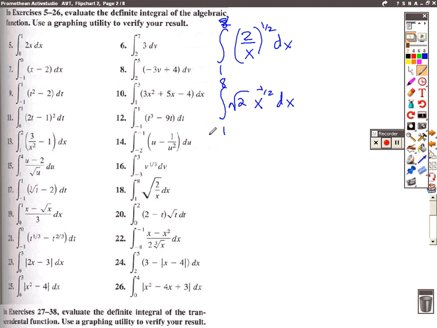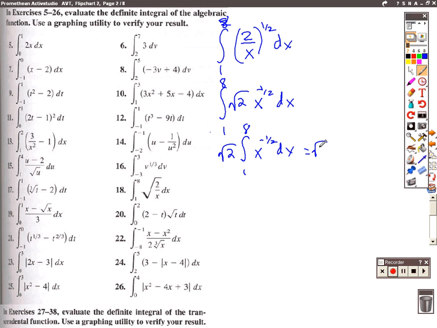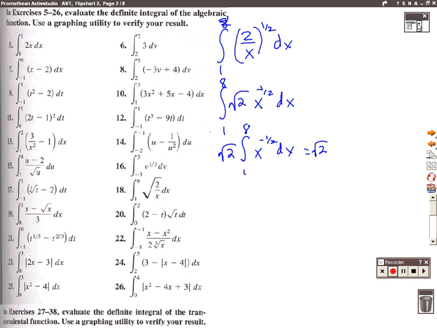So then when I integrate, I'm going to actually pull the square root of 2 out front. Remember the properties that we just focused on. So when I find the antiderivative of that, I will get square root of 2 times x to the 1/2 power divided by 1/2, which is the same thing as times 2, evaluated from 1 to 8.